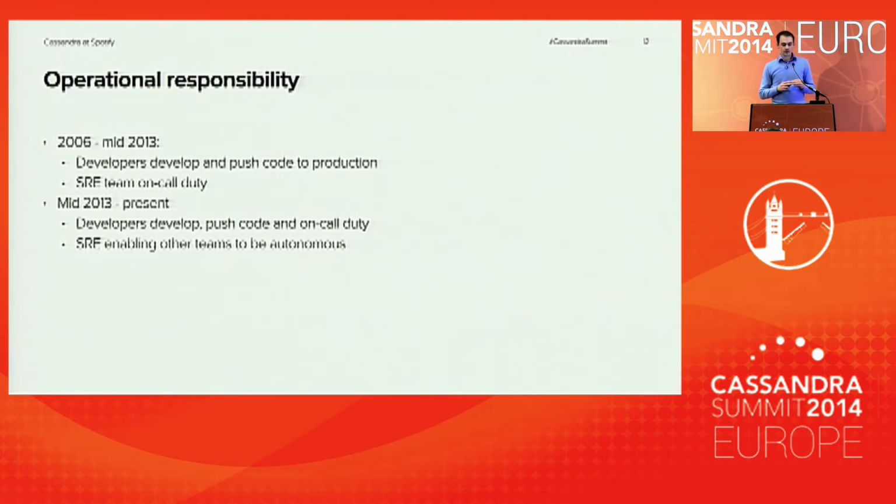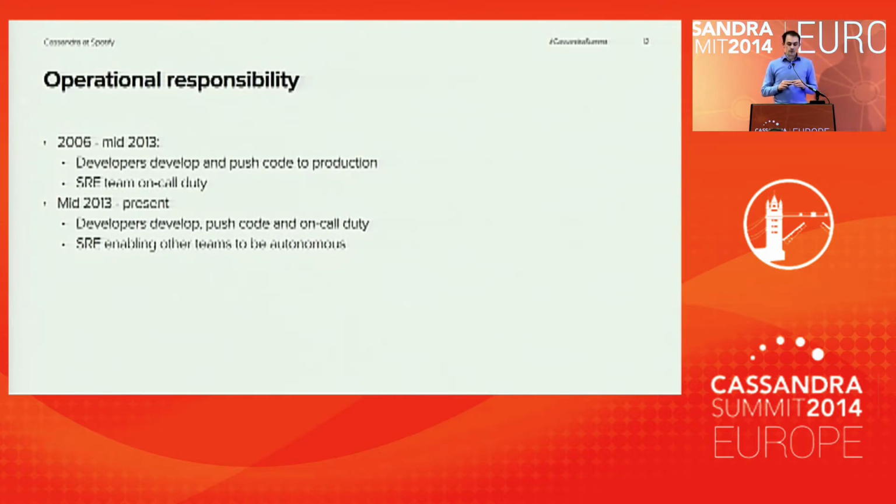So instead, it was decided that the guys who best know the code are, of course, those who have developed it. So if you can make them operationally responsible for their own code, we can spread the load, spread the pain, and perhaps even make uptime better. So this was something we changed in the middle of last year.